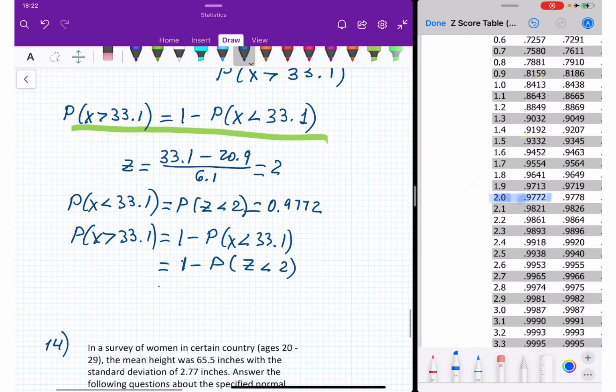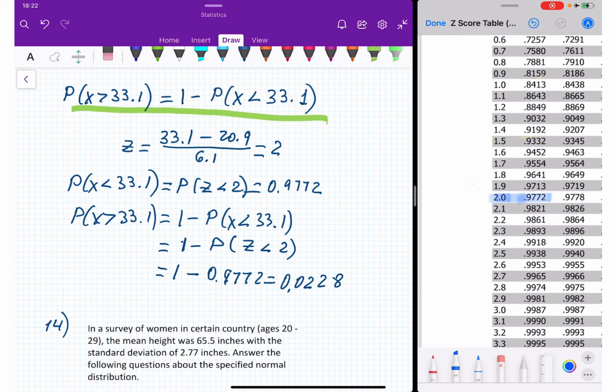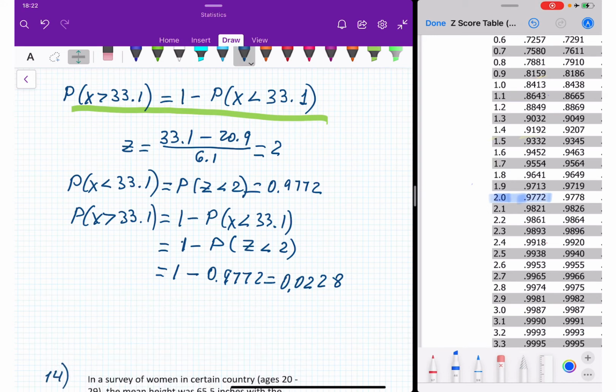The result is going to be 0.0228. 0.0228. And the last question, we have one more question to answer, question D.